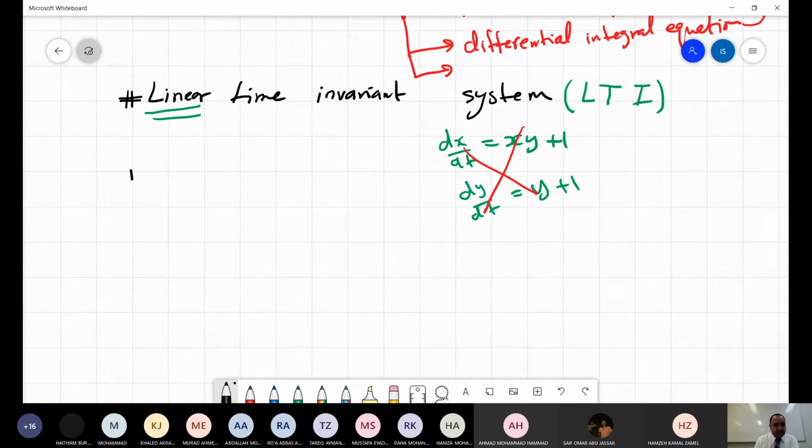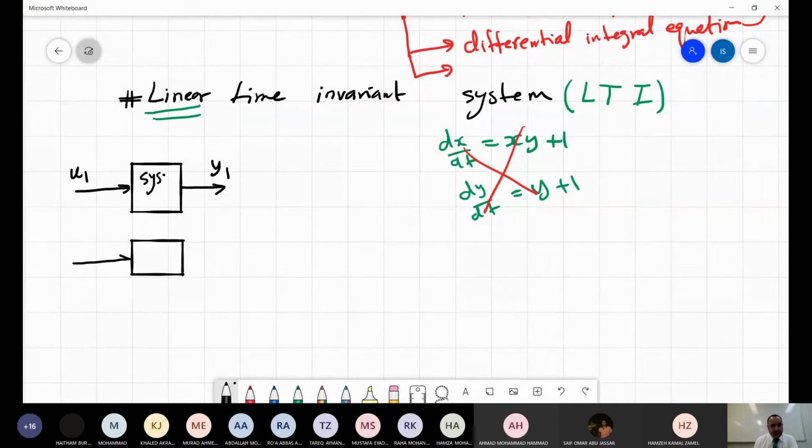If I'm having a system here, with input and output, and I inject a certain input, let's assume U1, and I achieve Y1 for the system. Then for the same system, if I inject another input, let's say U2, I will achieve Y2.